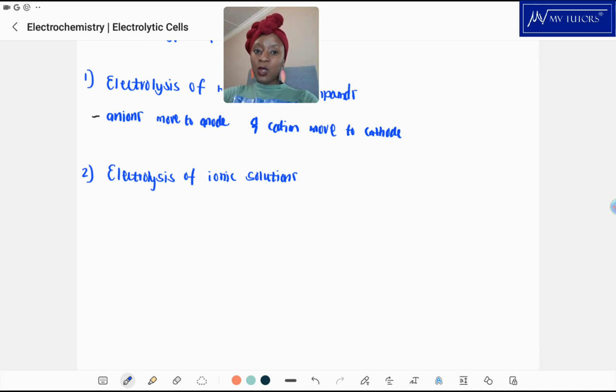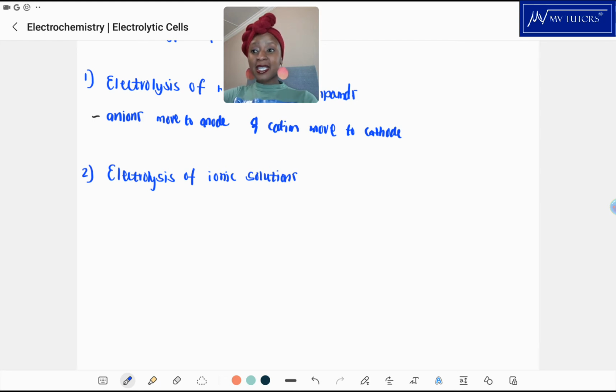But also, the one thing you need to think about is the water itself. It's made up of H2O, so you have positive H ions and negative hydroxide ions. So now you're wondering which one exactly will go to the cathode and which one will go to the anode, because they're going to compete.